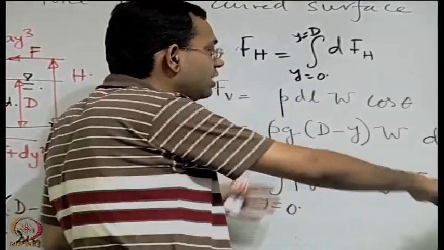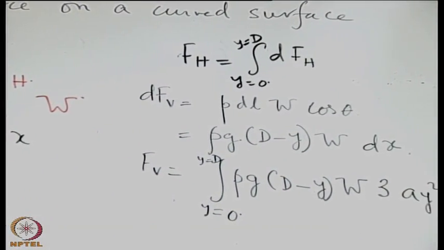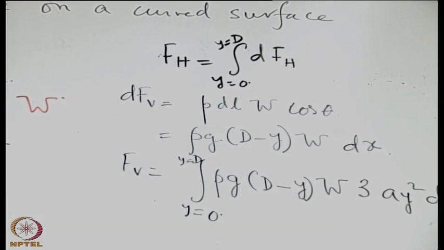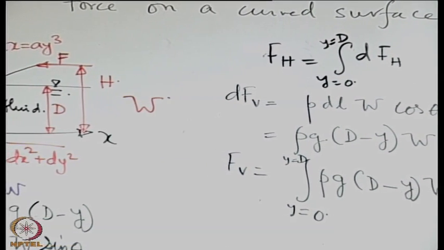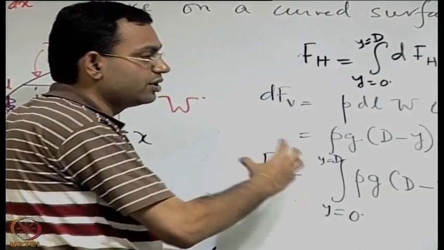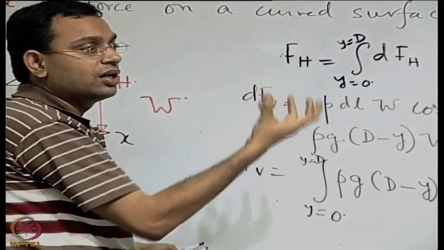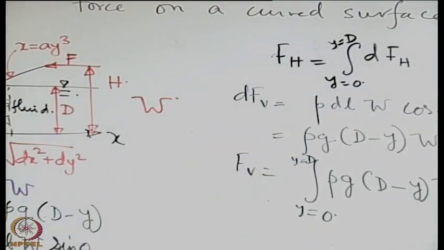We will not go into the integration in detail, because it is a very simple integration, and it is not worth wasting time on that, but we will focus on something a bit more important. Let us say that we want to find the same vertical component of force, but using the method of the weight of the fluid contained within that projected volume.